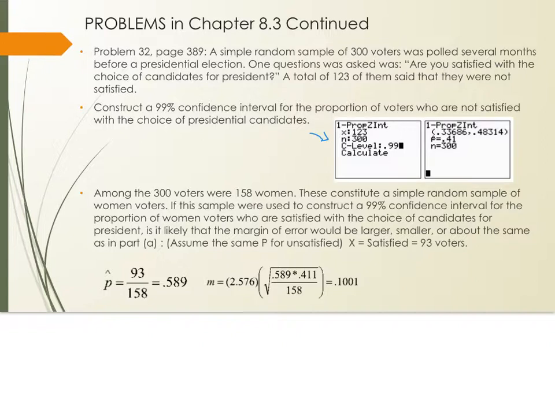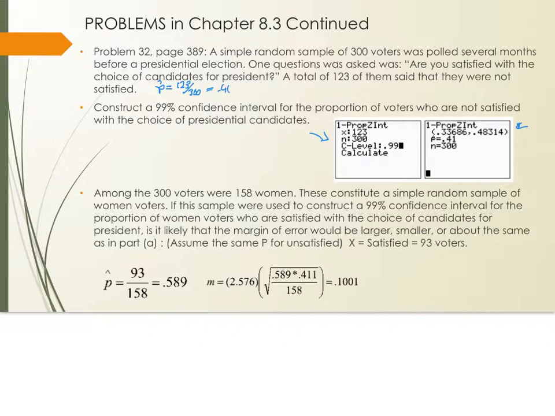We hit calculate, and we see that in fact our confidence interval is about 34% to 48% are not satisfied with their choices of presidential candidates. If we were to do this by hand, again, p hat, when we calculated it, was 123 divided by 300, and that gave us 0.41.